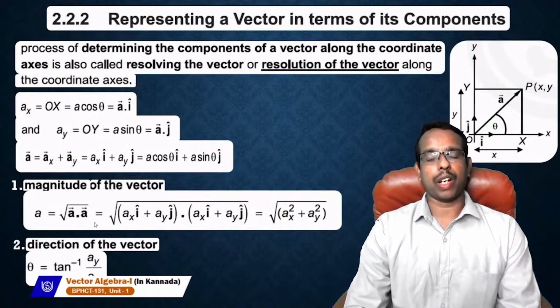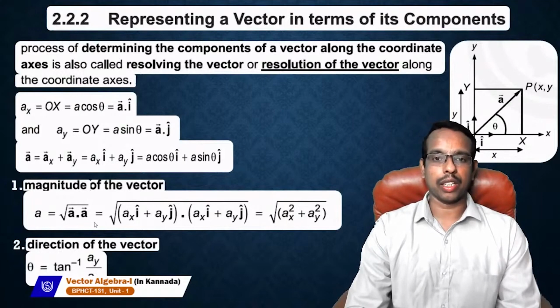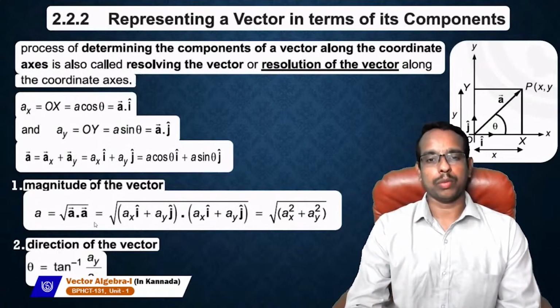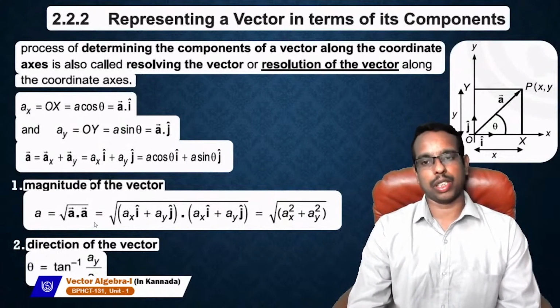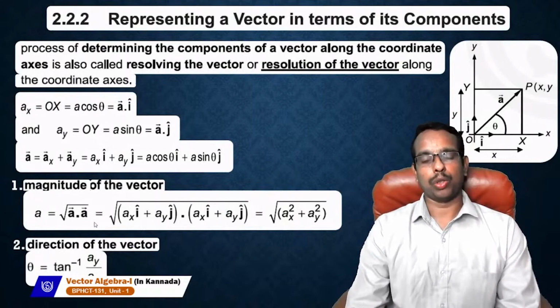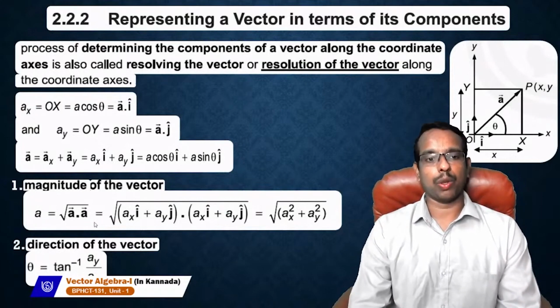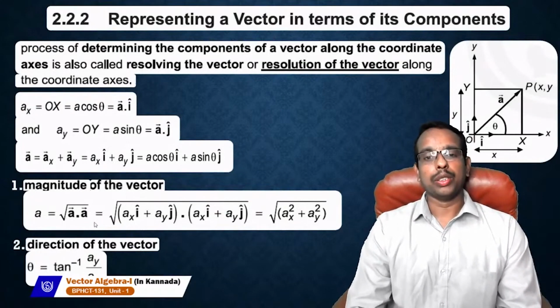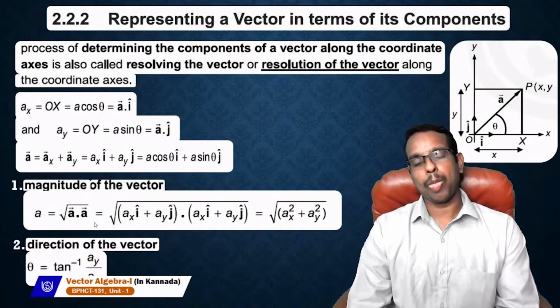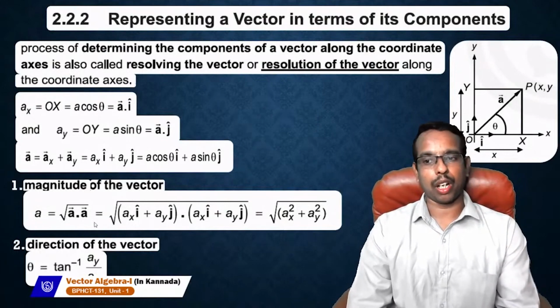And if you want to specify the direction, vector A is the direction acting from the origin to the point P of consideration in a plane. And if you want an inclination, you can take it with respect to the x-axis or the y-axis. For simplicity, we'll take it along the x-axis.